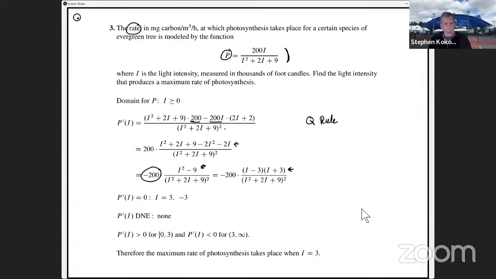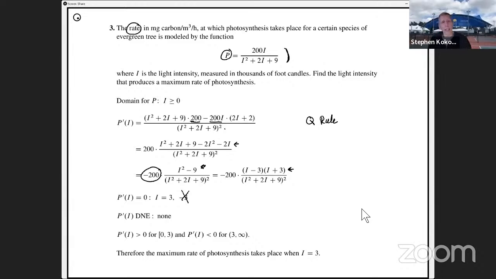Remember that a critical value is a value where the derivative does not exist or equals 0. So this derivative is equal to 0 only where the numerator is equal to 0 and the denominator is non-zero. That occurs at 3 and minus 3, but I'm going to throw out the minus 3 because that's not in the domain of this function.